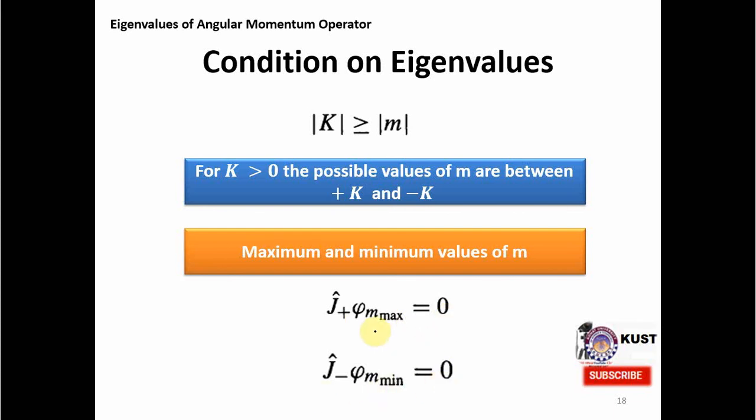Remember that this is because of the ladder operator construction. So now you know how ladder operators help us derive the conditions on eigenvalues, because they take us one value up or down in the sequence, so at the maximum value J plus must be equal to 0, and similarly at the minimum value J minus must be equal to 0.